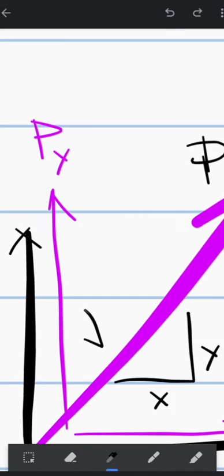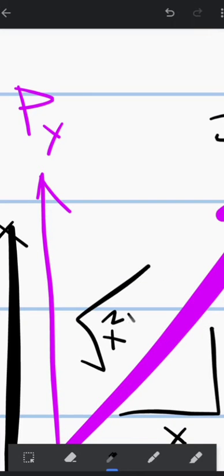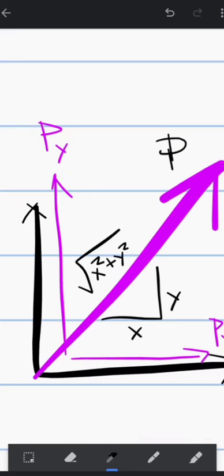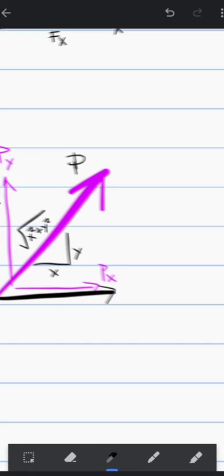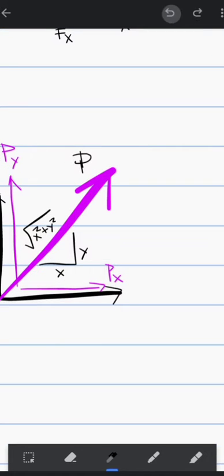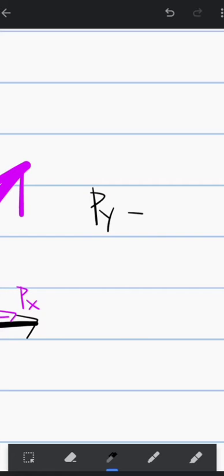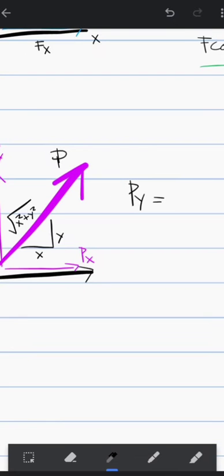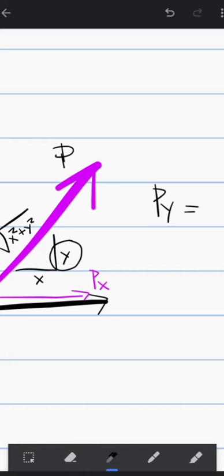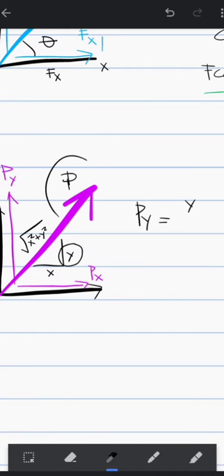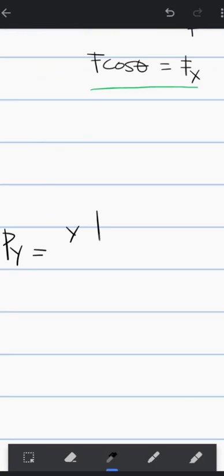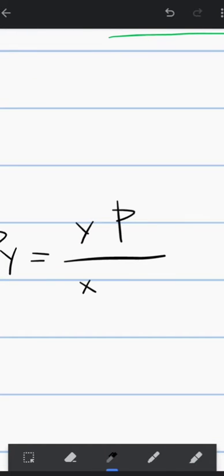So with that, the hypotenuse is the square root of x squared plus y squared by the Pythagorean theorem, right? And so, if we need the vertical component, we just have to use this. Py is equal to the vertical from the slope times the magnitude P all over the hypotenuse.